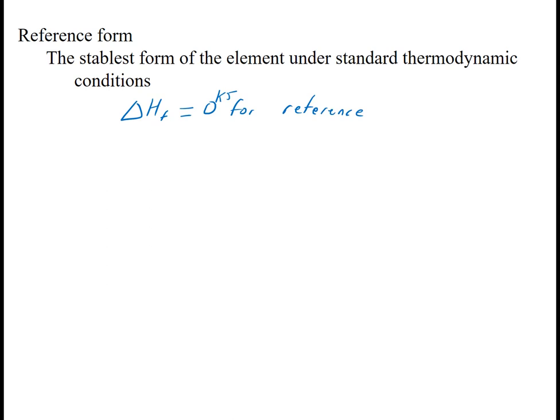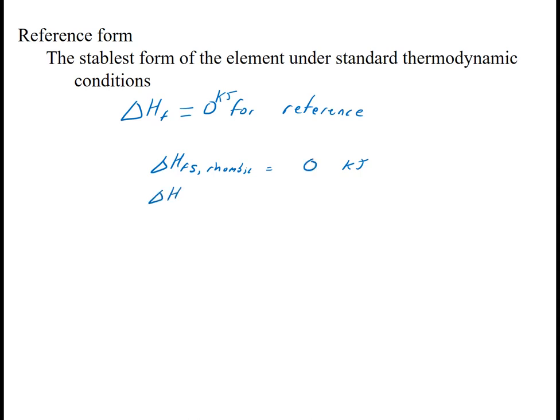So in other words, for sulfur in one form from the previous page, the delta H for sulfur, they distinguish by the arrangement of the atoms. Rhombic is the reference form, sorry, I got that wrong.